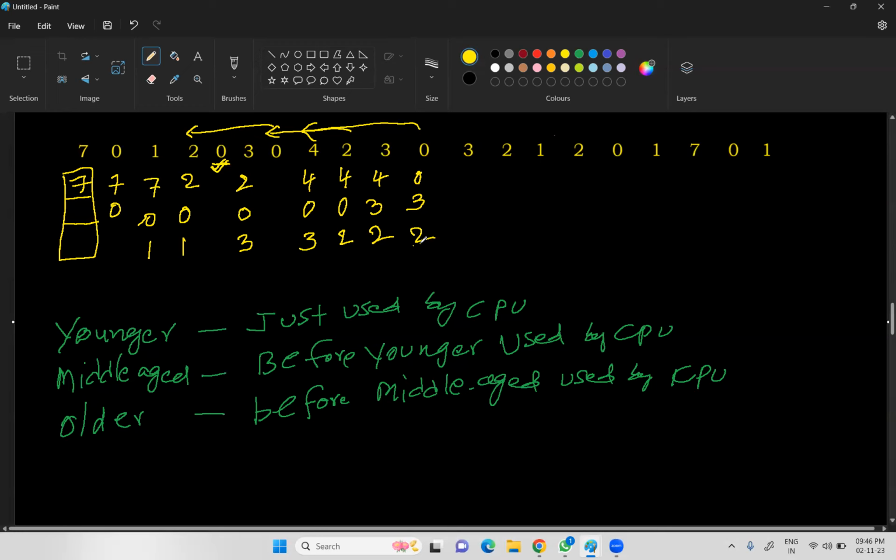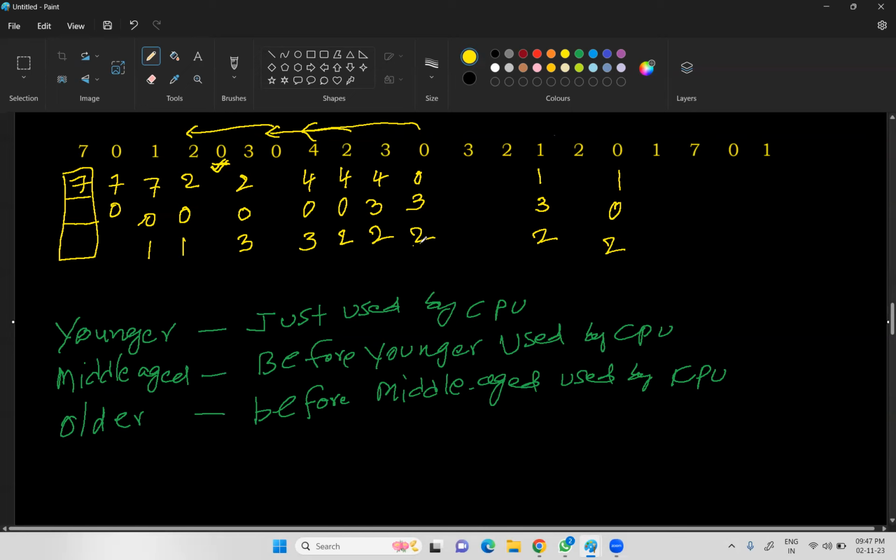As far as this particular thing, 0 is very older, 3 is middle aged, and 2 is younger. So therefore, you are supposed to replace with 1. So 1, 3, 2. 2 is available. Now 0 has occurred. So therefore 3 will be very older one. So therefore 1, 0, 2.